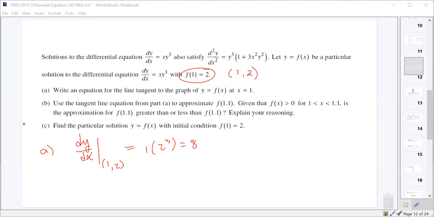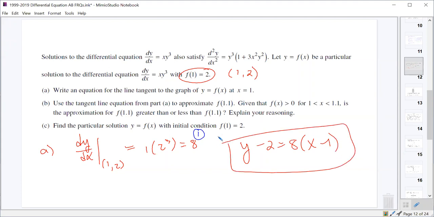There's 1 point for getting the slope. And a second point for writing y minus 2 equals 8 times x minus 1. Everybody good there with that one?